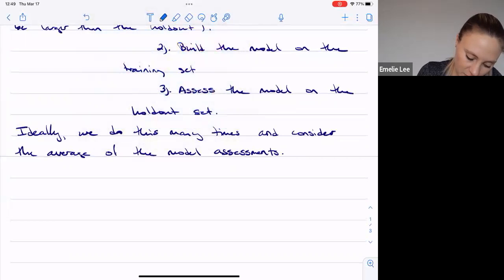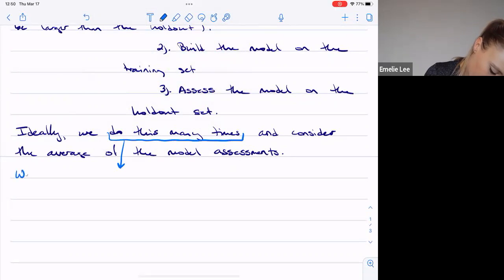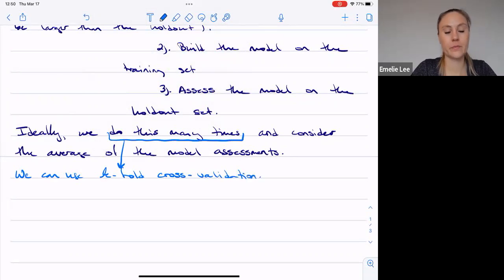Right, when we do this many times, one of the ways that we can do that is using k-fold cross-validation, which is one kind that we could use.